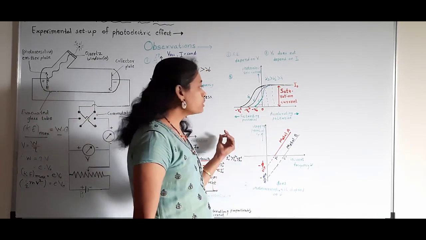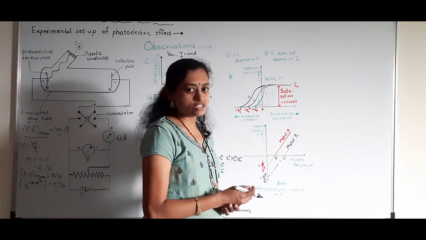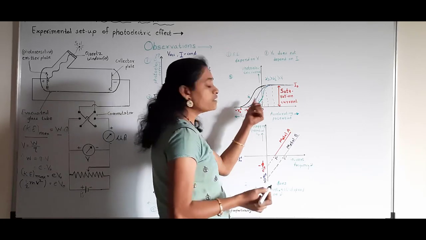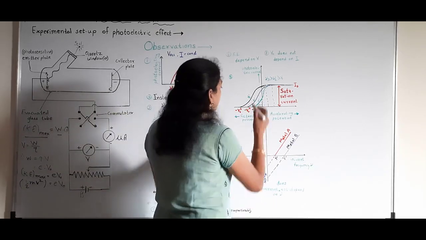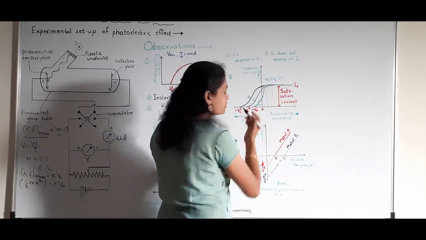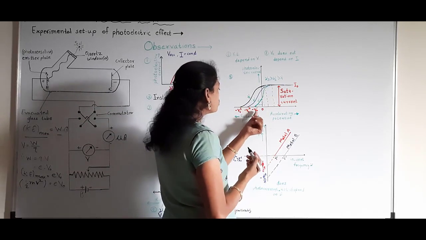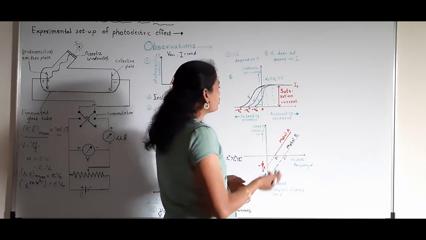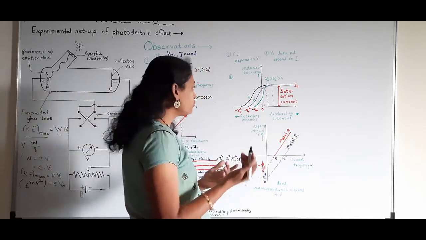Again, this experiment is done with changing frequency. Now change the frequency to nu2, which is higher than nu1. We get the same nature of the graph, but the stopping potential is different. Again, we increase the frequency.